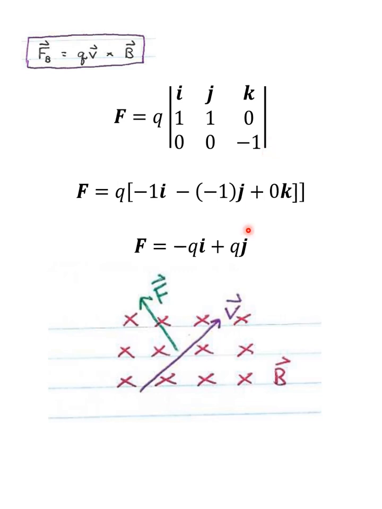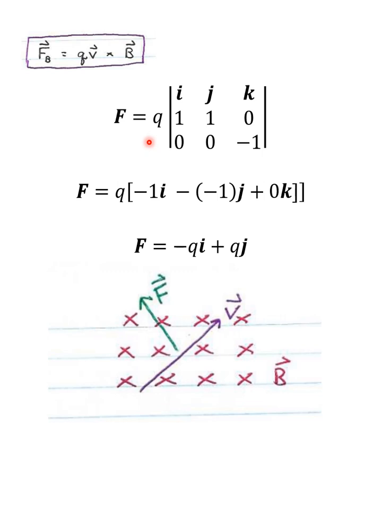So the velocity goes in a direction of 1 in the X direction, 1 in the Y direction. Magnetic field is into the page, so that's -1. And when you take the determinant, it's going to be Q times, and you do the determinant, and perhaps you want to take some time on paper to solve this for yourself.